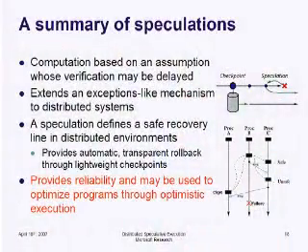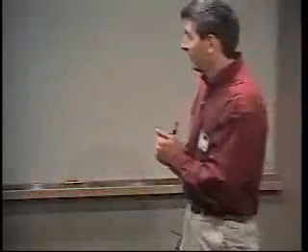Okay. So just to summarize what we've seen so far on speculations, we define a computation based on a certain assumption, whose verification we can delay to a certain point in the future. And if you really think about speculations in the distributed context, they extend the exception mechanism to distributed environments. You have an exception triggered on one node, and that forces other nodes that participate in this computation to roll back their state, right?